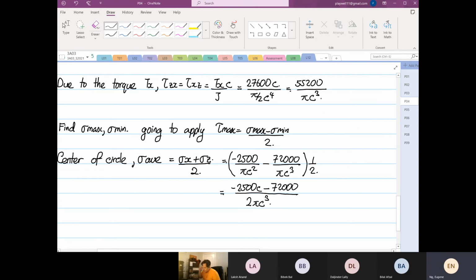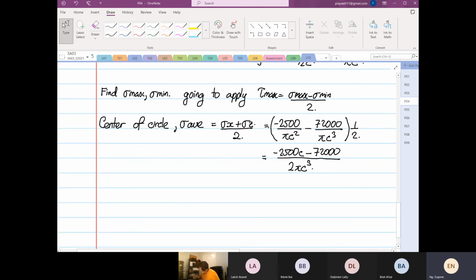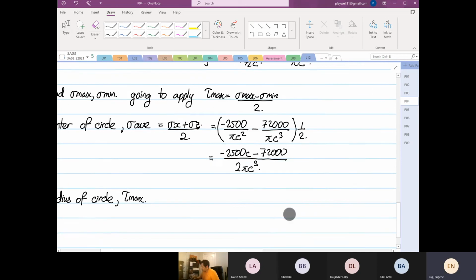The next thing we're going to do is find the radius of the circle, and the radius of our circle happens to be our tau max.